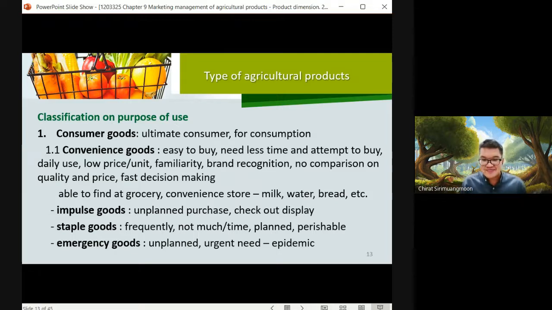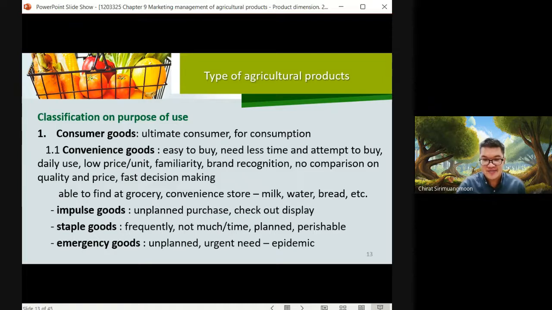Staple goods: staple means important. Staple or major goods are things you consume frequently, very often, so you make the decision fast.